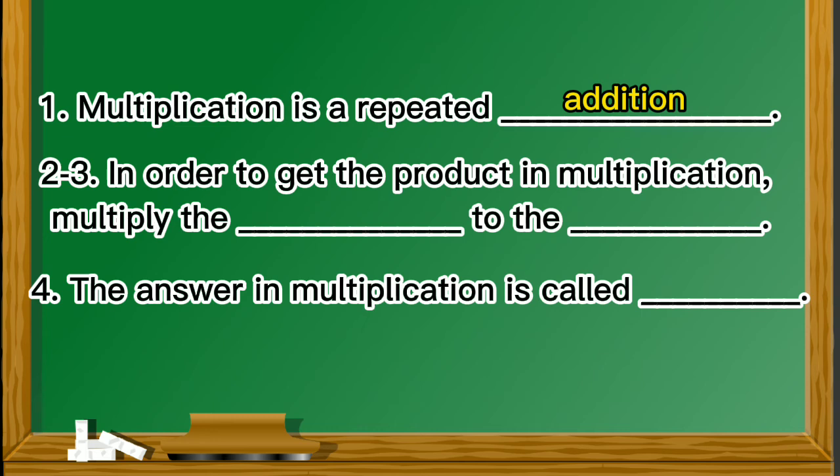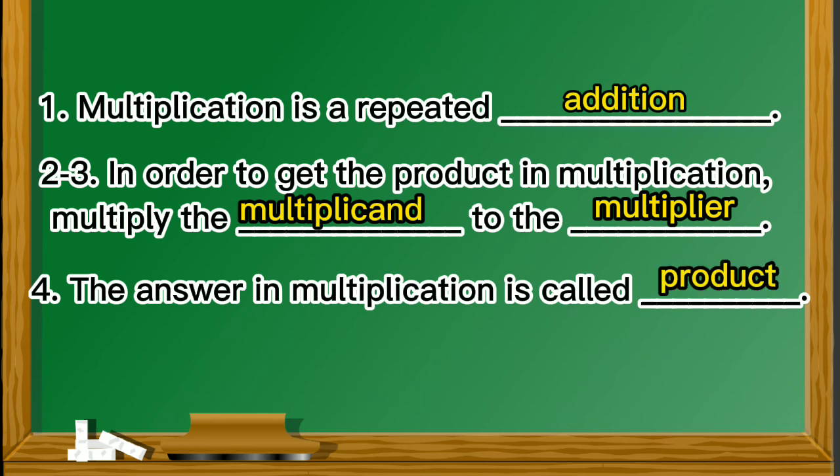The first blank, if your answer is multiplicand, you're correct again. Very good. And the last blank would be, what is your answer? If your answer is multiplier, you're correct again. Amazing. Last, number 4, the answer in multiplication is called blank. The correct answer here is, very good, product.